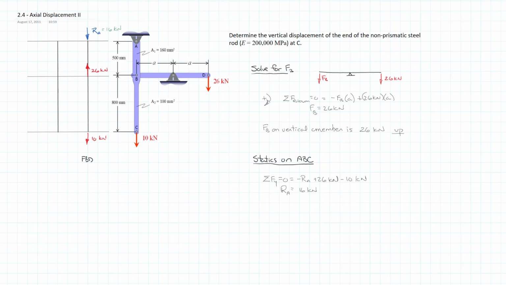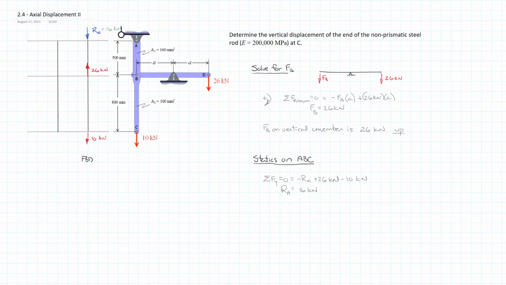So we know that the top half AB is in compression. So in the sign convention that we use, we're going to draw that as negative. I'll draw a negative to the left in this case. So it's constant across the entire section AB because there's no forces applied between A and B. So that's going to be minus 16.